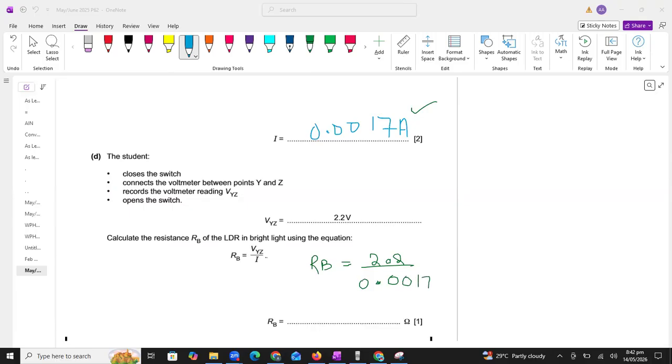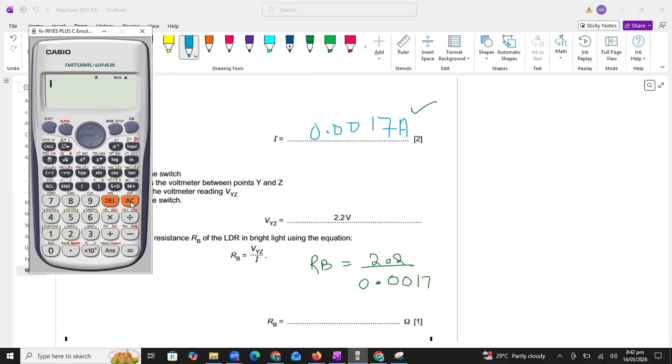So 2.2 divided by 0.0017, and we are getting 1294.11 ohm, which is the resistance of the LDR when the bright light is shining on it.